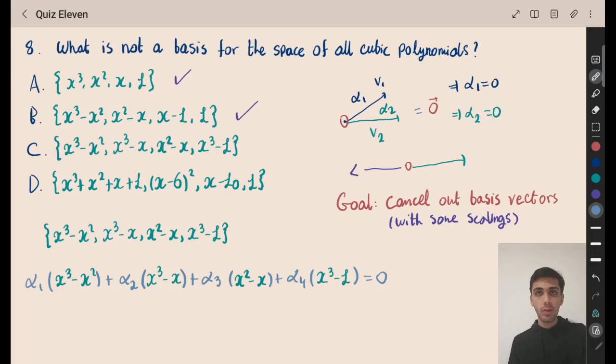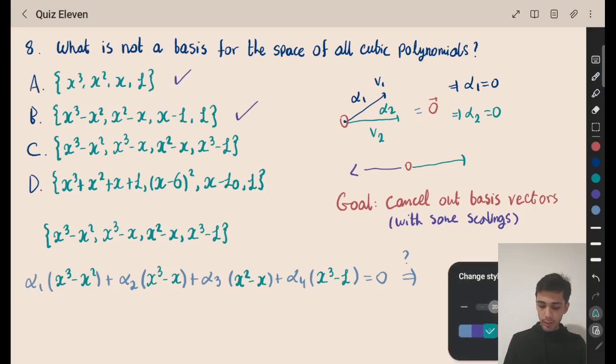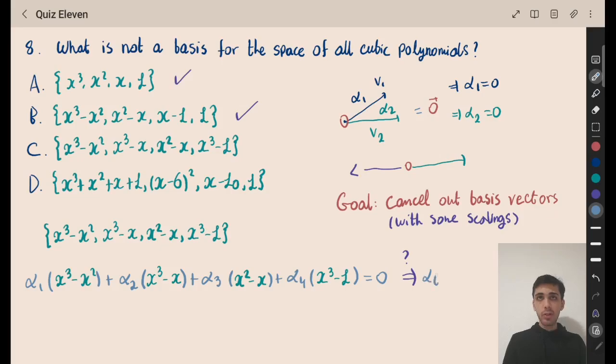And I'll ask the question, would this imply that all coefficients alpha 1, alpha 2, alpha 3, and alpha 4 are equal to 0? Well, let's see.